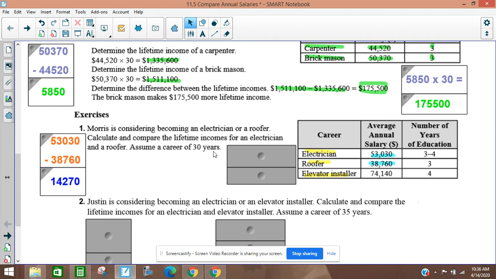We want to know how much more you'll make in 30 years. So we multiply that difference times 30, and the product will be $428,100. So in a 30-year span, the electrician will make $428,100 more than the roofer.